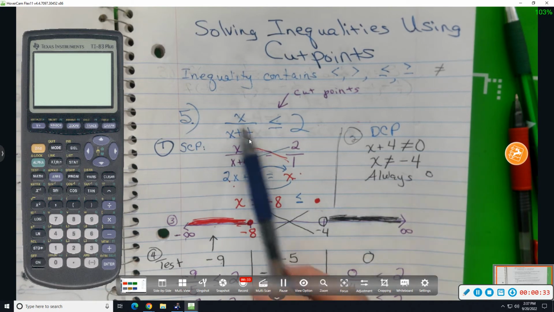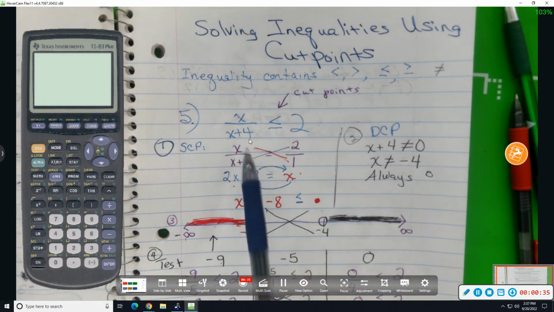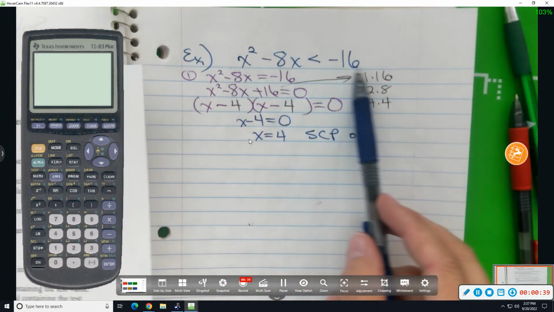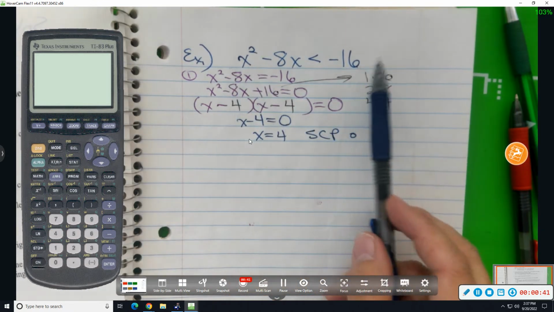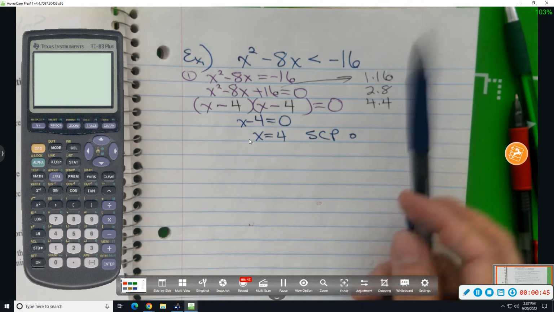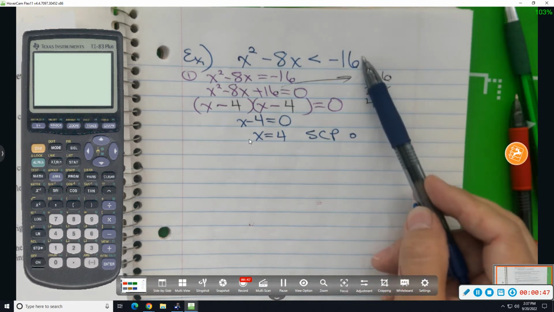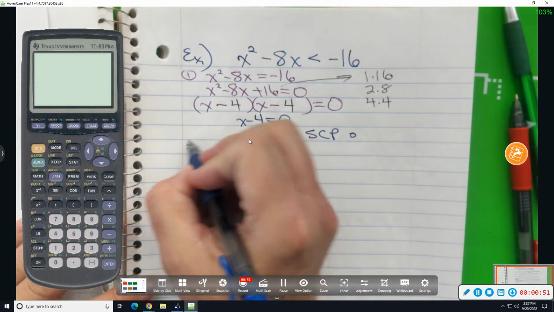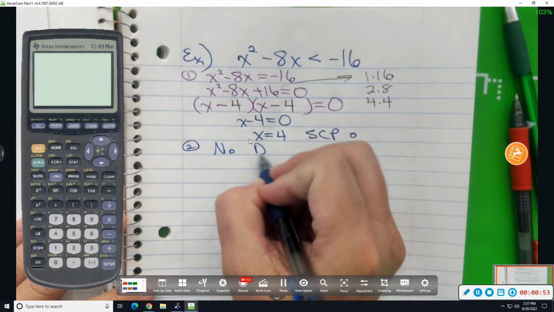This thing had denominator cut points. Is this problem going to have a denominator cut point? No, because there's no fraction or denominators. When I saw this problem, there are no fractions, so there are no DCPs. There are no denominator cut points.